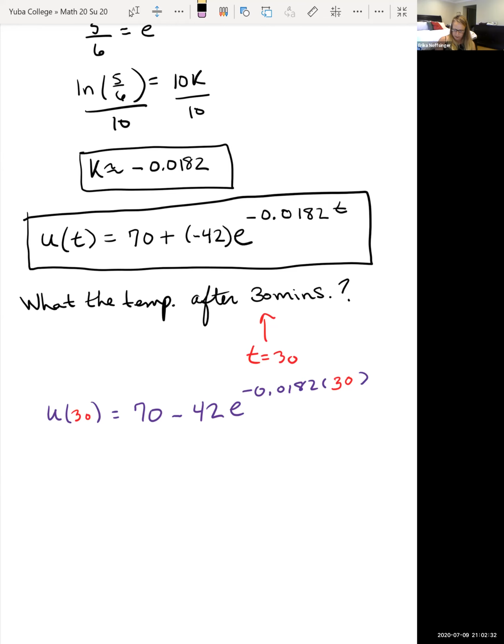Multiply that answer by 42. And then 70 minus that answer. So I get back 45.69 degrees Fahrenheit.